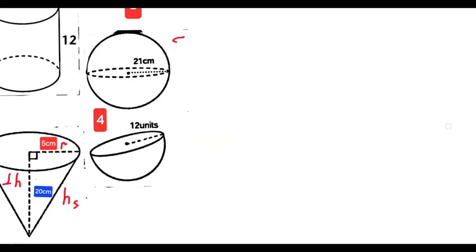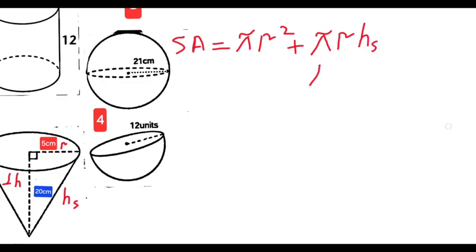Now I need to find the surface area of the cone. The formula for the surface area is pi r square, because the area of the base is pi r square, plus the lateral surface area, which is pi r times the slant height. So you can say pi r s, same thing.